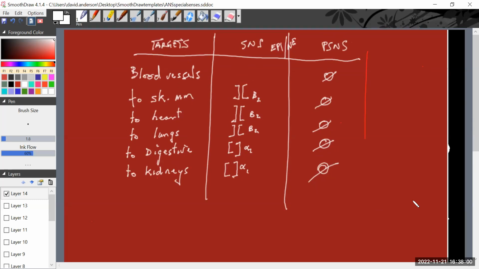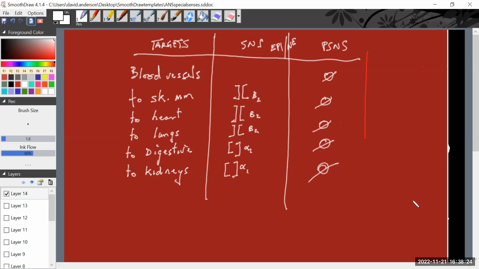Yes. Okay. So there's two main ways to change the message that's intended for the target tissue. One way is to have a different neurotransmitter, like we see with the divisions of the sympathetic and the parasympathetic branches of the autonomic nervous system.